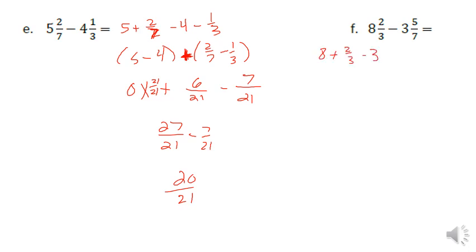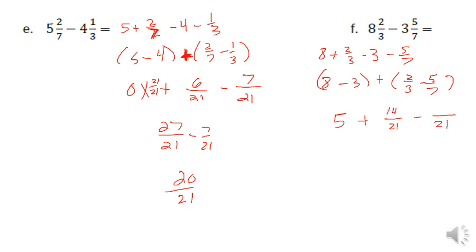On the next one, we have 8 plus 2/3 minus 3 minus 5/7. So we have 8 minus 3 plus 2/3 minus 5/7. So we end up with 5 plus, and we're going to subtract our fractions, doing our common denominator, which is 21, and 7 times 2 is 14, 5 times 3 is 15, so we're going to have to regroup.